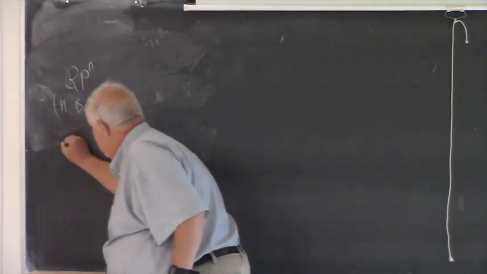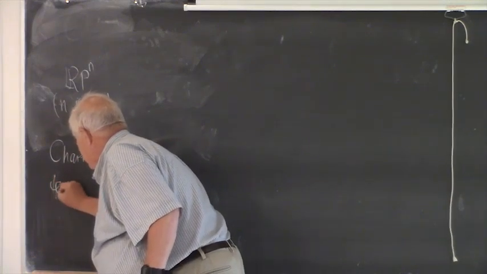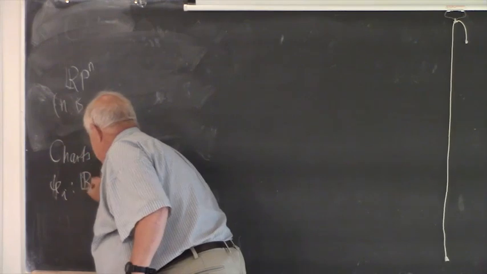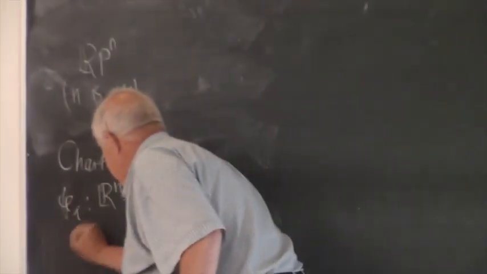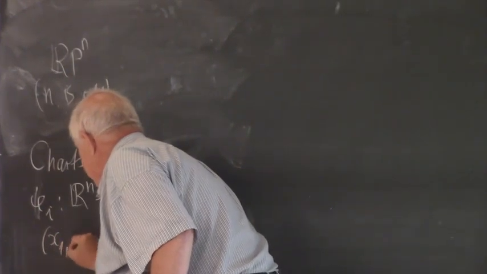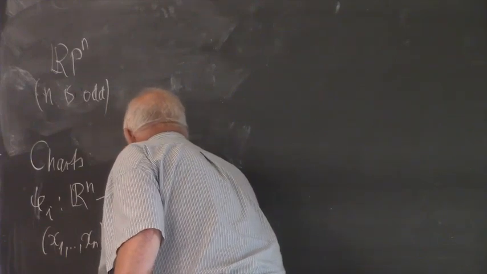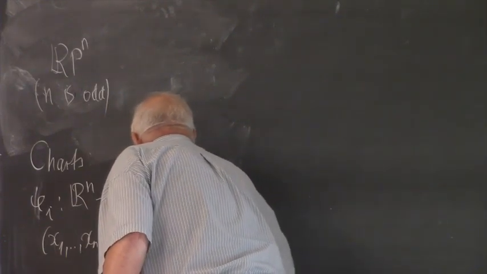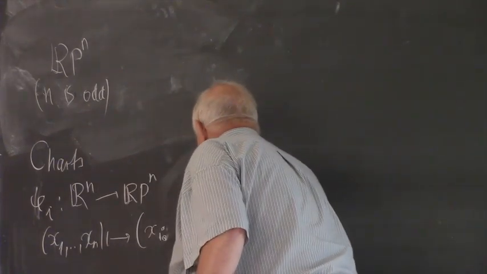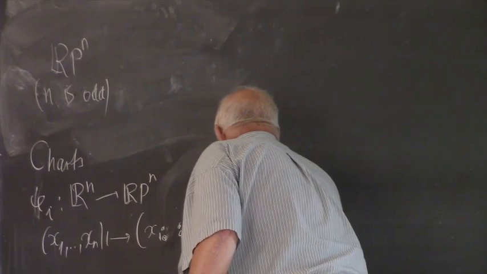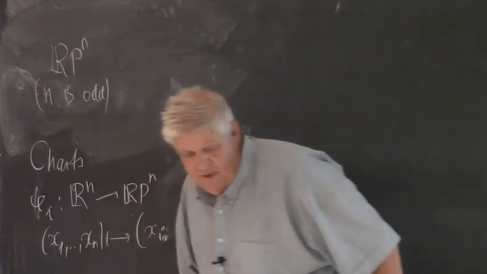The charts are phi_i from R^n to RP^n, and it takes the point (x1, ..., xn) into (x1 : ... : x_{i-1} : 1 : x_i : ... : xn). This is the definition of a chart.